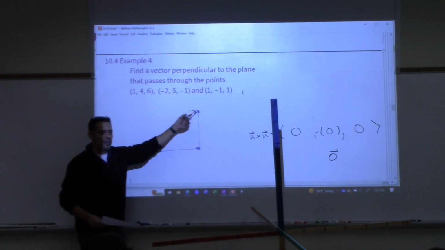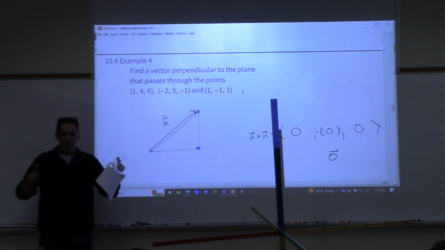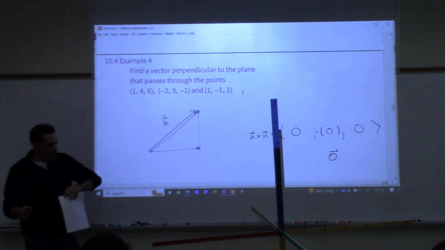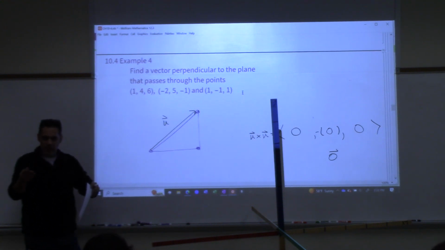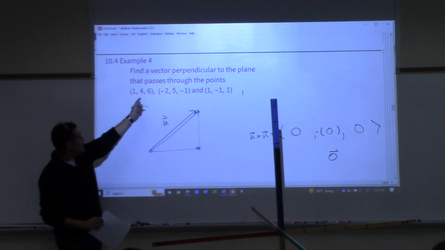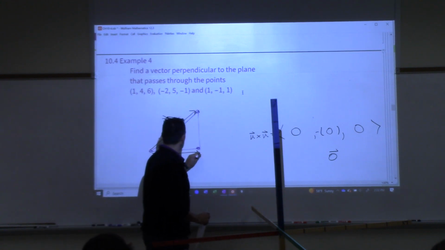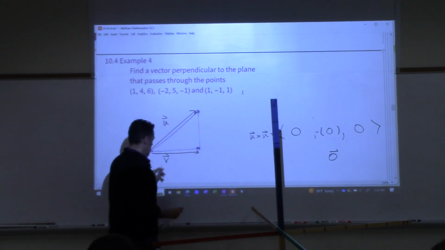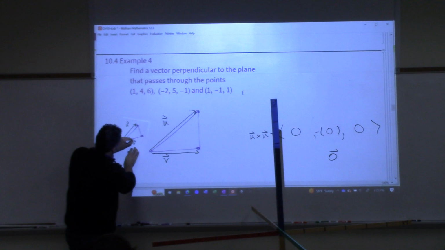I'm going to create a vector, and we're going to call that vector u. How do you create a vector between 2 points? From one point to the other, you subtract the coordinates, and then you create the vector, right? We did that at the beginning of last class. Because I've given you 3 points, you could do that. And then you create another vector, like that. We'll call that v. So now in my picture, I've got a u vector here and a v vector there.